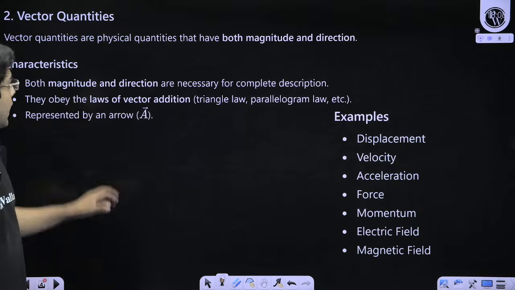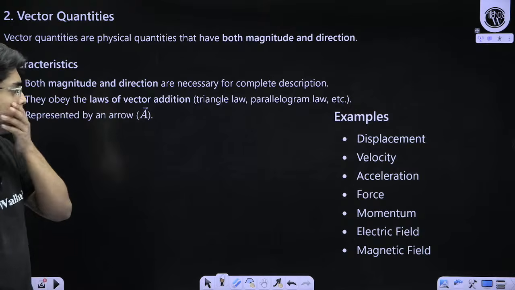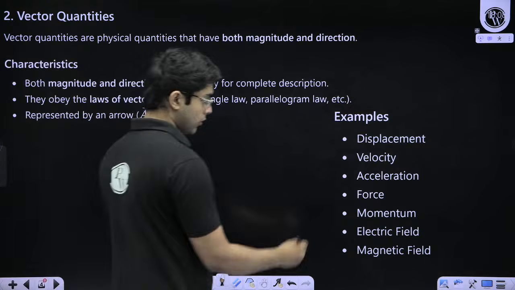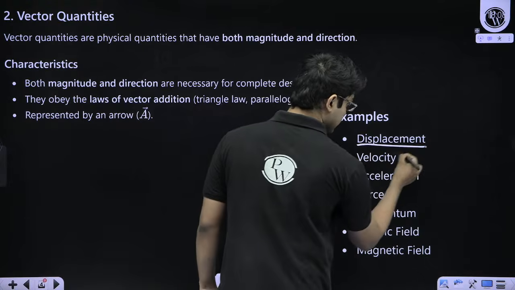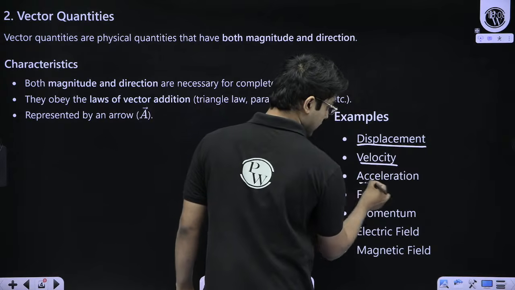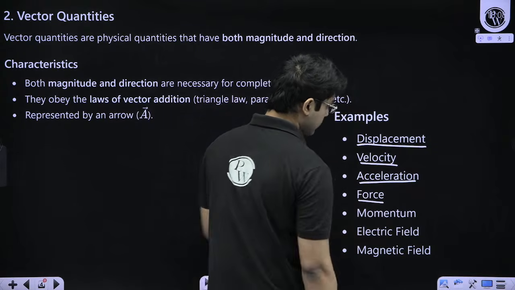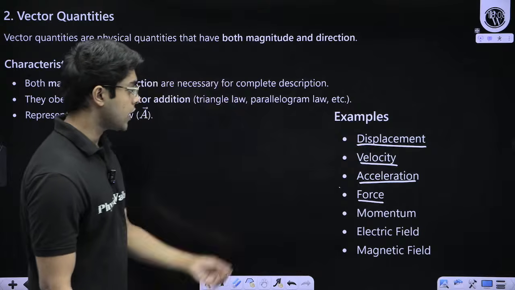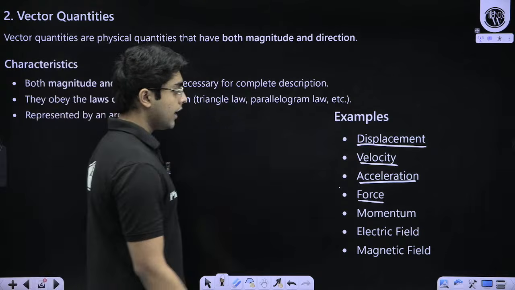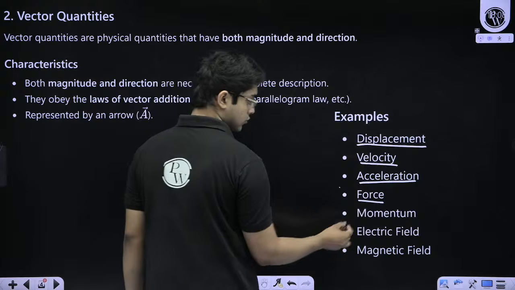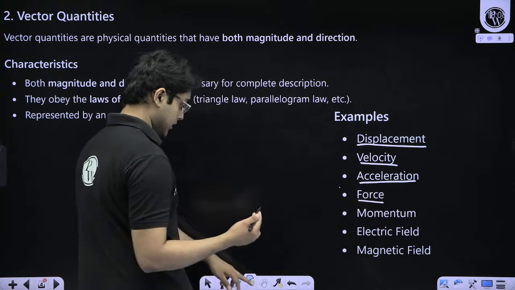So then we have vector quantities. Some popular vectors you already know from 9th standard: displacement, velocity, acceleration, force. What is special about these? The speciality about these is they not only have a magnitude. So force is a nice example to understand that.